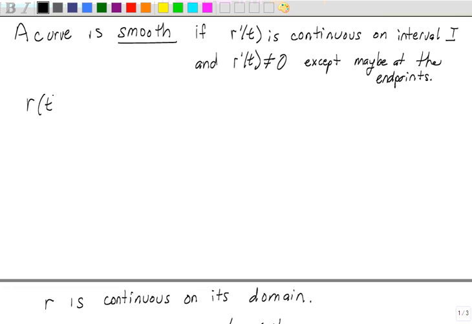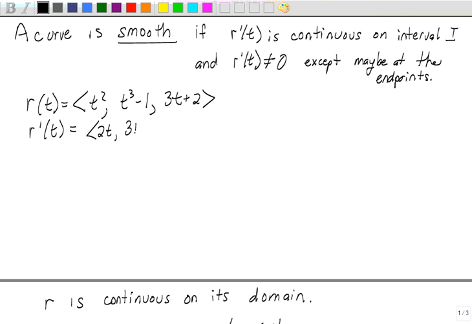So let's try this one. And we take the derivative. All those are continuous, so R is continuous. And that's never 0 because of this 3 right here. And they're all continuous on the real numbers, so it's smooth.